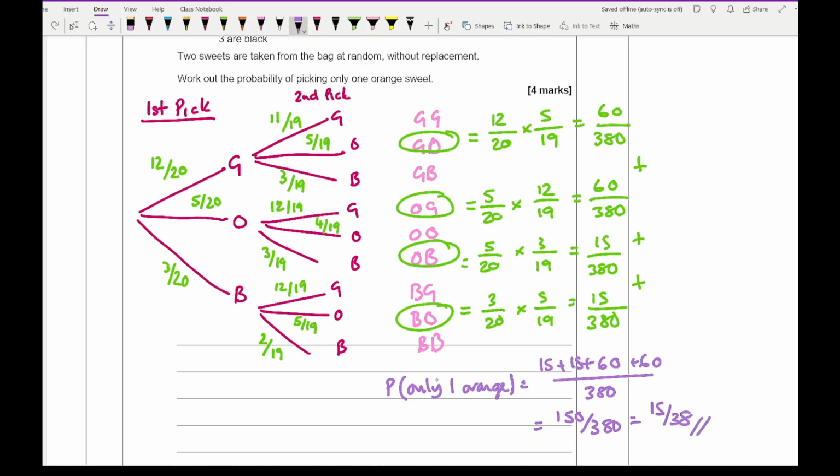And if you were working with decimals, you could do 15 divided by 38, which is 0.39 to 2 decimal places.